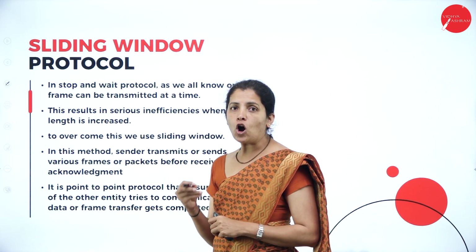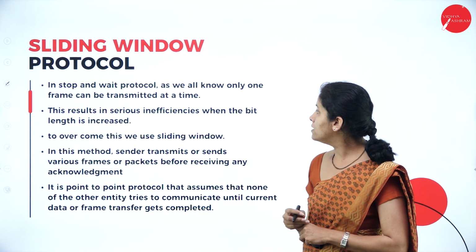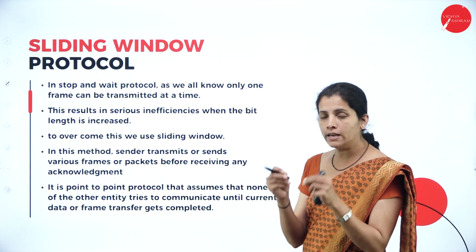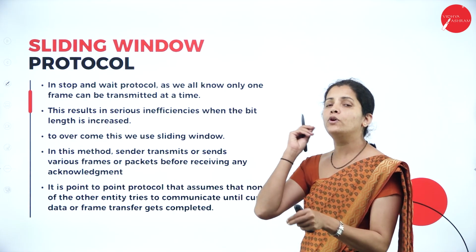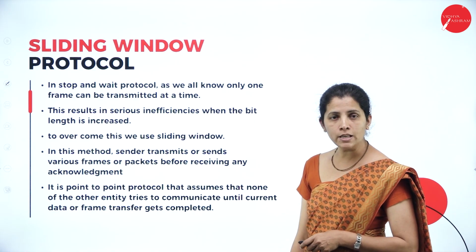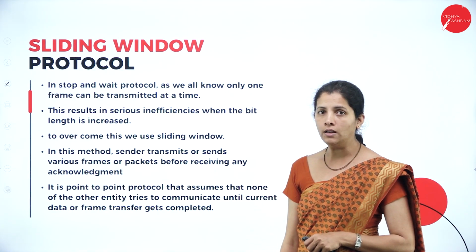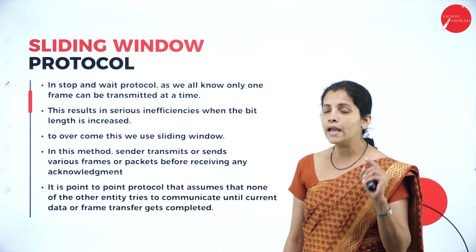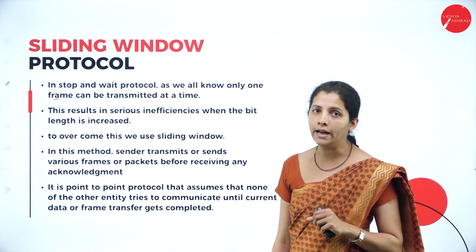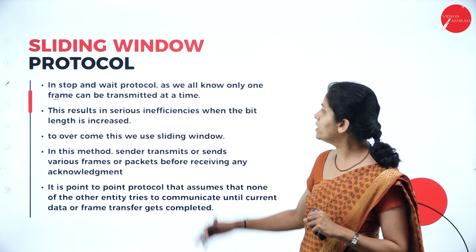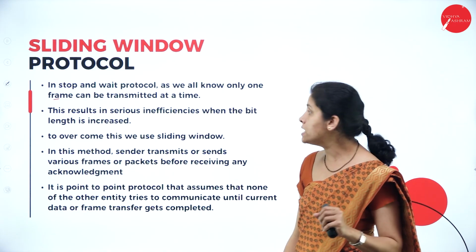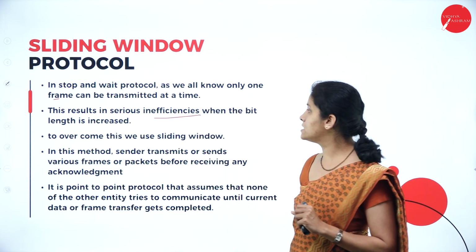In the stop and wait protocol, for each frame I want to send the acknowledgement and I am going to send only one frame at a time. By using the stop and wait protocol, the user can send only one frame or packet at a time. So this leads to serious insufficiency.